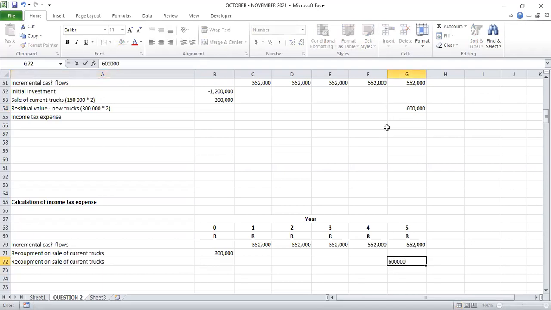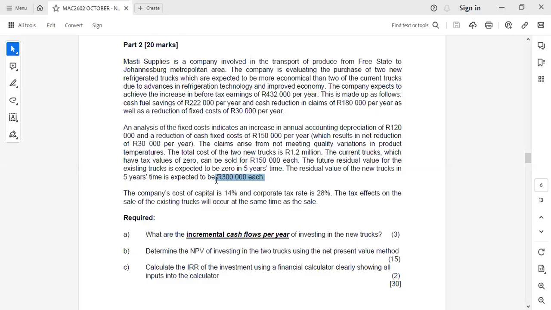Why? Because they will have been fully provided for in terms of the capital allowance. But if, for example, you sell your asset when the tax value is, let's say, 200,000, to get your recoupment you're going to say the selling price minus the 200,000.